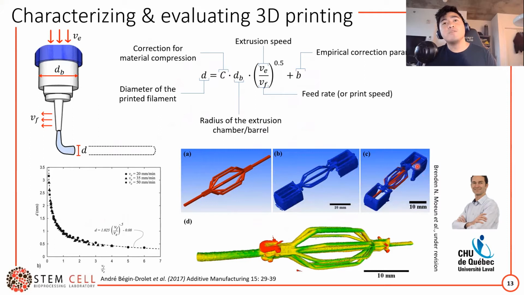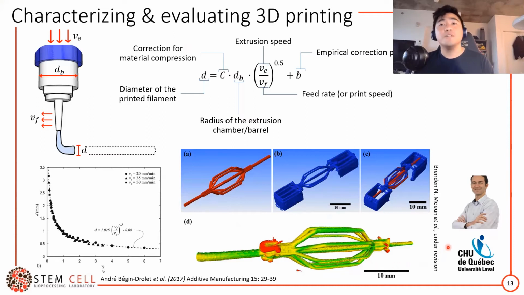Overlapping it, we can see where they match and where they don't match. Going further, we were able to quantitatively determine the differences between the two items, the CAD model and the 3D print. We were able to do this with the help of Professor Marc-André Fortin at the Université Laval. This hopefully gives you an idea of how you can characterize your 3D printing through this sort of diameter control, and also how to evaluate your resulting prints.